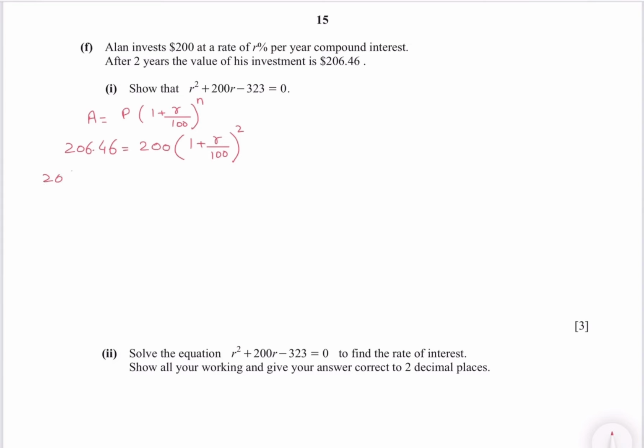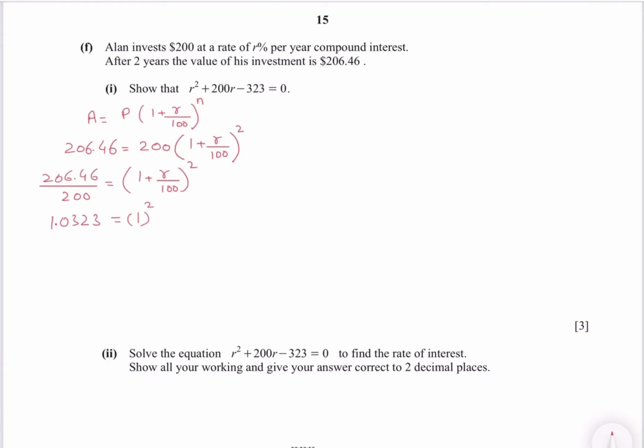Now 200 will go there and divide. 206.46 would be divided by 200. So from here, the value 206.46 divided by 200 is 1.0323, which is equal to, now you can use the identity a plus b whole squared.